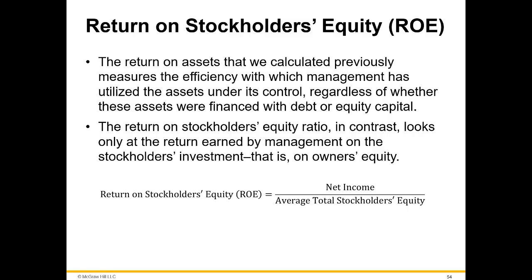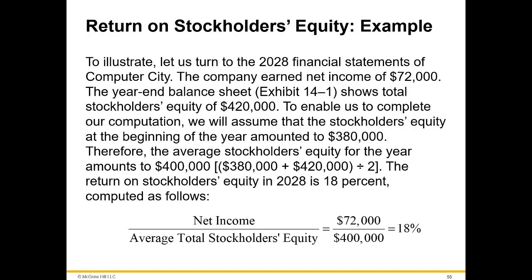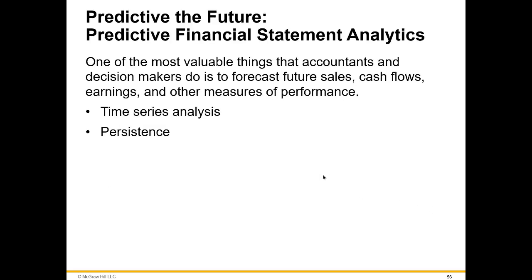And so you may need to reduce preferred dividends or some other measure to get just that which applies to common equity. And so here's the example of that. Here's the same 72,000, but now the average equity is 400,000, so 18% return.